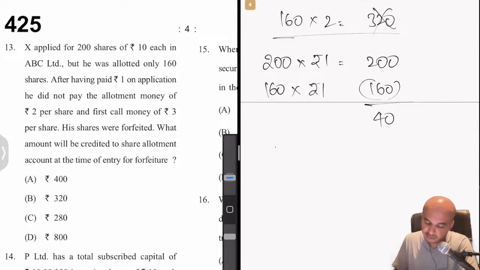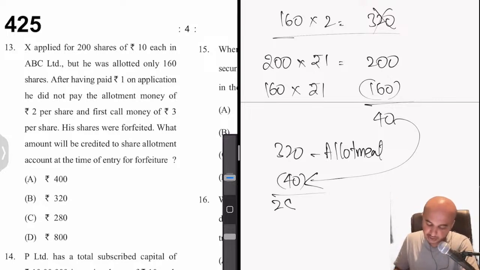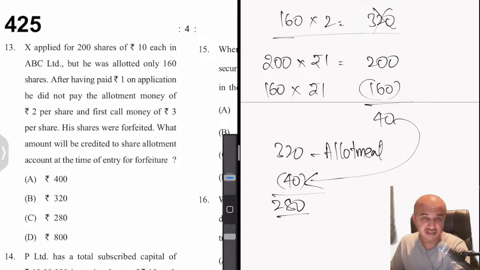Even though 320 is actually due towards allotment, we already have 40 which he paid in excess during the application stage. So therefore 320 minus 40, 280 is the actual amount which is due from X. That 280 we did not receive. Because he did not pay that, we had to forfeit.